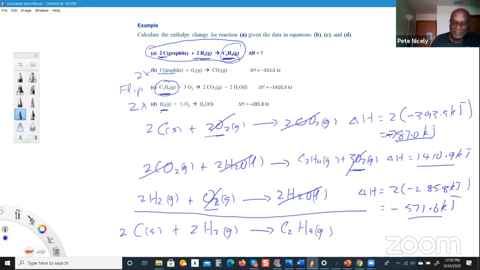Minus 787.0 plus 1410.9 minus 571.6. And according to my calculations, this works out to be equal to delta H equals 52.3 kilojoules. All right. So that's basically how that is done.